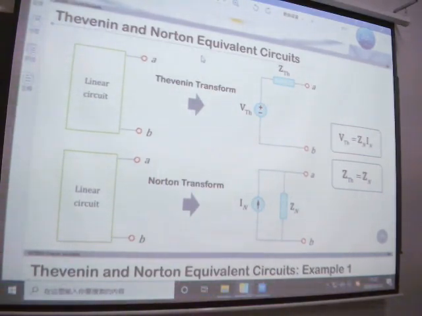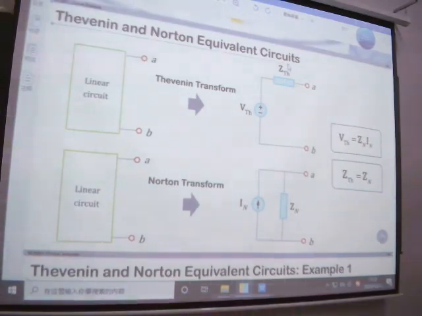Now we say all these rules we can use in the AC analysis directly. Please look at this figure. We can see this one is the model, right? But now our model is not resistance anymore. It's the Thevenin impedance.